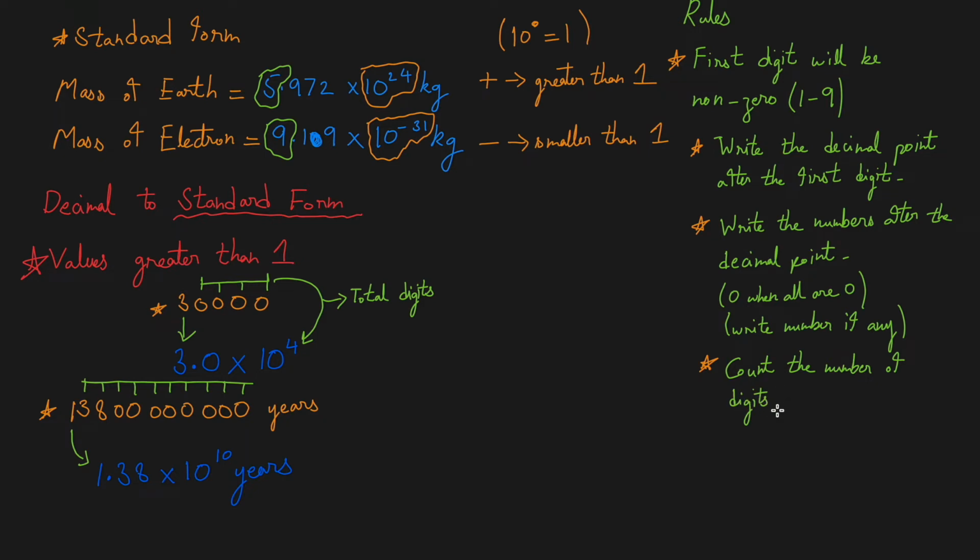Count the number of digits excluding the first digit, and write that as the power of 10.